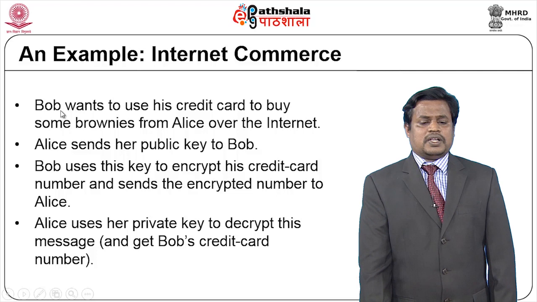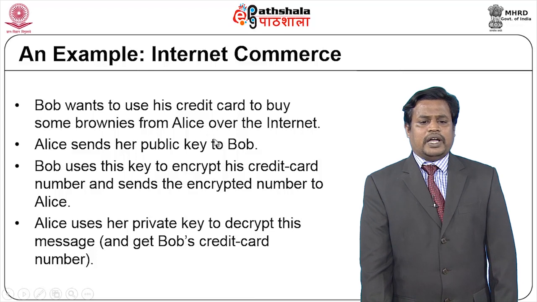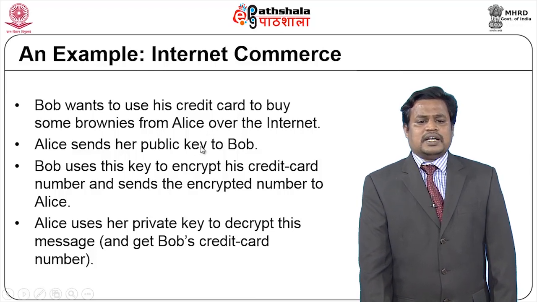So, now we can understand that Bob wants to use the credit card to buy some brownies from Alice. Bob cannot send the credit card in plain text over an open or unsecured channel. He needs to encrypt the credit card. How can we encrypt it? I need Alice's public key. So, Alice is sending her public key to Bob.